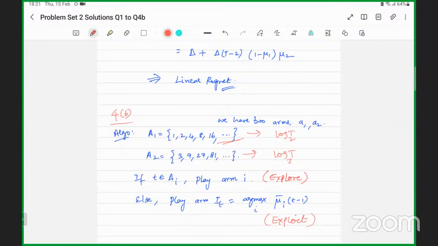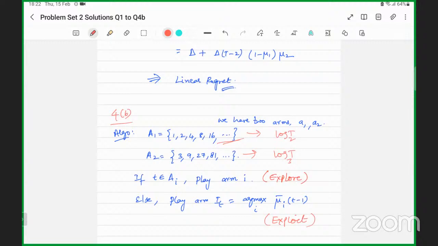Do you recollect the question? The question is, on these slots, like slot 1, slot 2, this is determined.